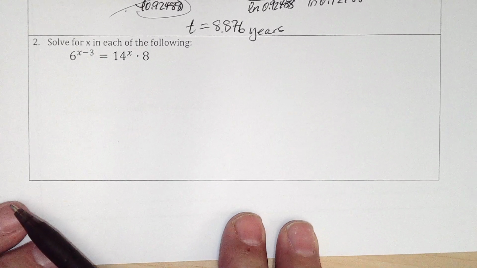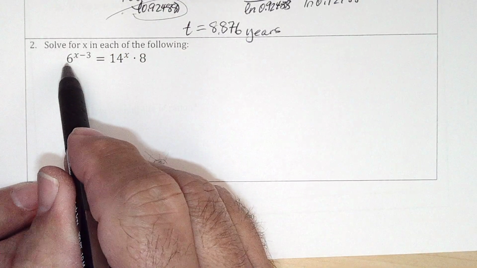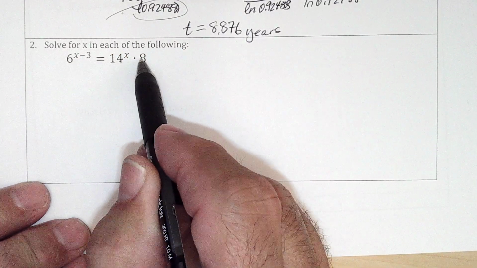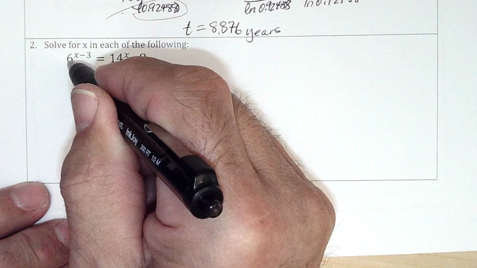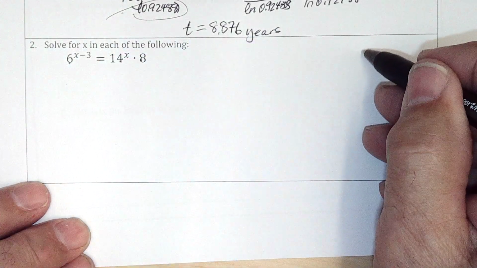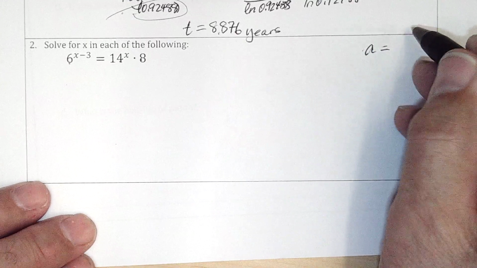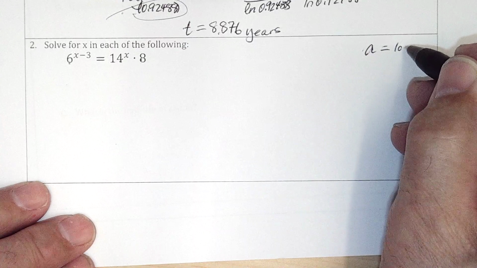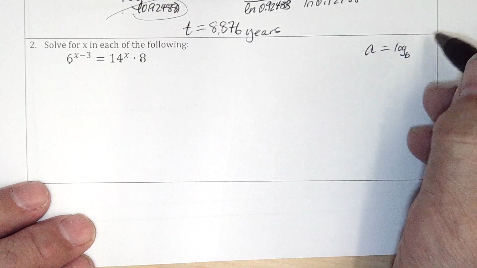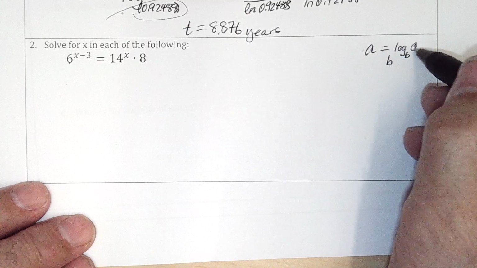Number 2. So we have bases that are not alike, so you can change the base. According to the rule, a can be written as log in any base you want to do, the base to the log base of a.